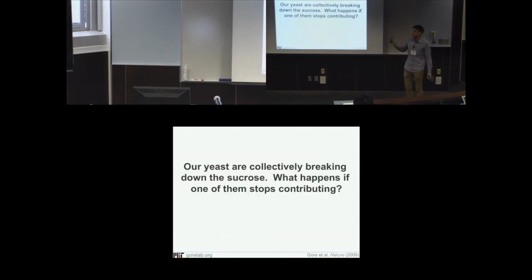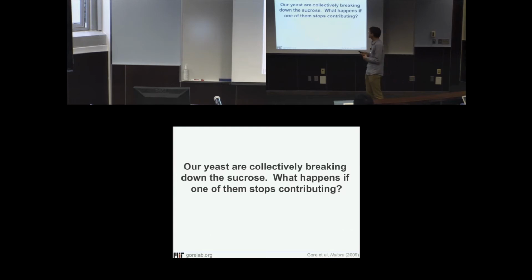Yeah, so I just wanted to end with thinking about some of these experiments looking at the behavior of cheaters. In particular, the reason that these populations display a fold bifurcation, with these kind of sudden collapse behaviors, is that the yeast cells are collectively breaking down the sugar sucrose. So you have to ask, what happens if one of those cells stops expressing that enzyme?